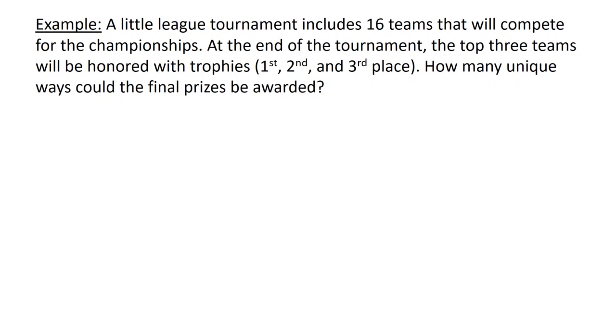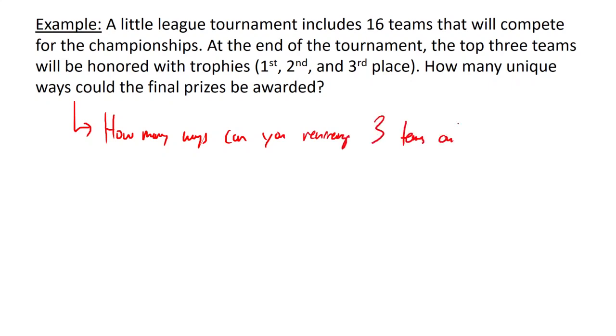So essentially, what am I really saying here? I'm saying how many ways can you rearrange 3 teams out of 16. Going into the tournament, any 3 teams could be in the top 3 and any of them could win in any order.